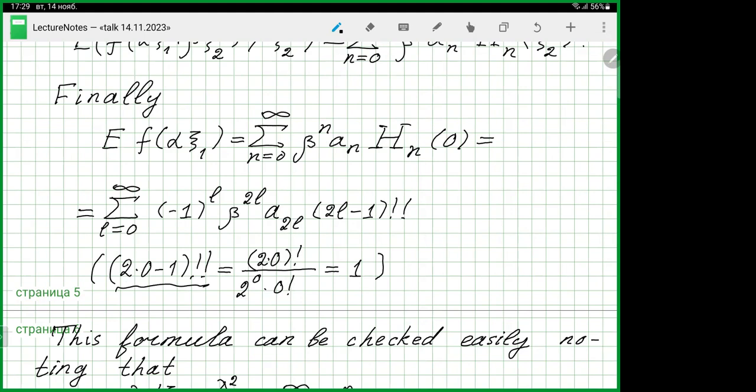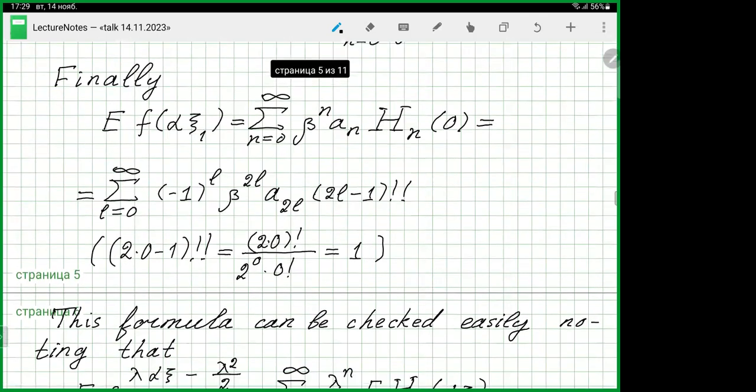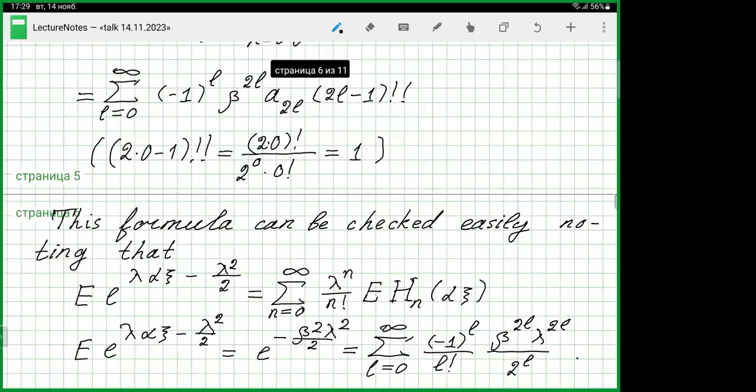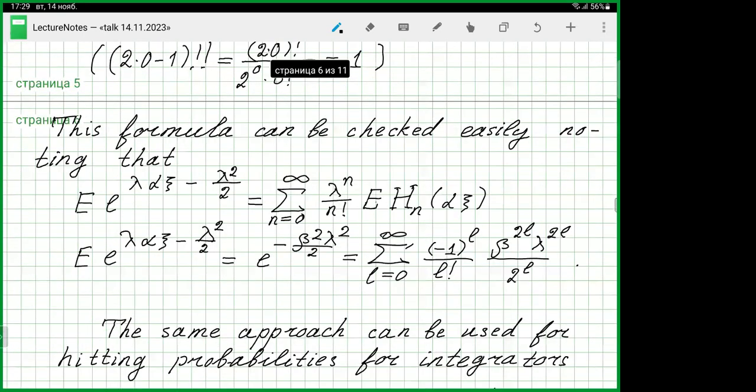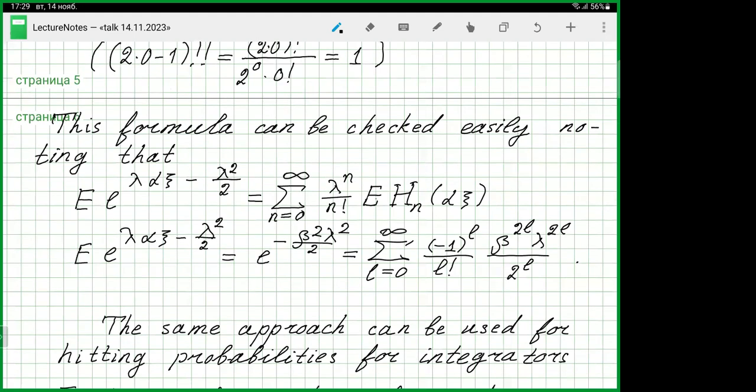But this is just an agreement, and this is a joke explanation why. Okay. So this formula can be checked easily, noting that here is the explanation, by the way, of how to find the value of the conditional expectation of Hn.